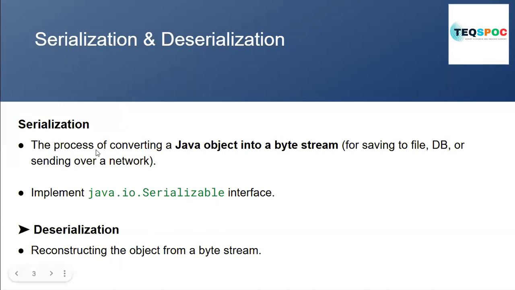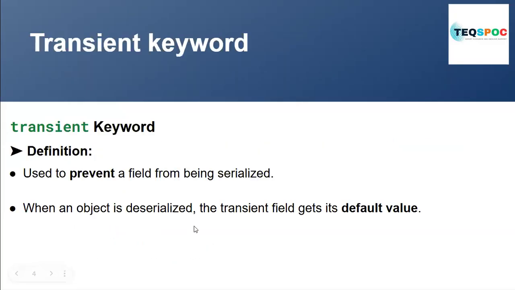Okay, and what is deserialization? Deserialization is converting the byte stream back into a Java object. That is called deserialization. Okay, if you do not want any variable to be serialized, then you can use the transient keyword. To prevent serialization, the transient keyword is used to prevent a field from being serialized.